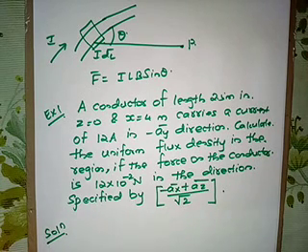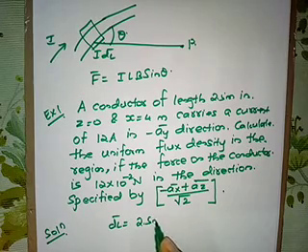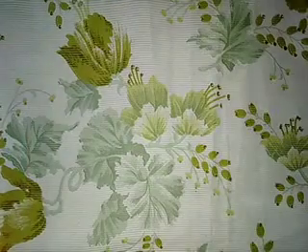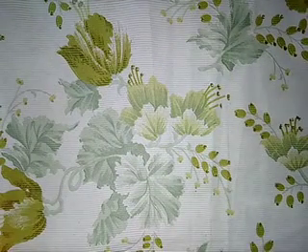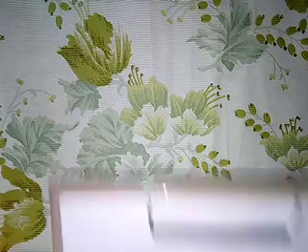Read the problem. A conductor of length 2.5 meter. So length, or dl bar, is given. How much is the value of dl bar? 2.5 meter in z equal to 0 and x equal to 4. How do we get this on x, y, z?